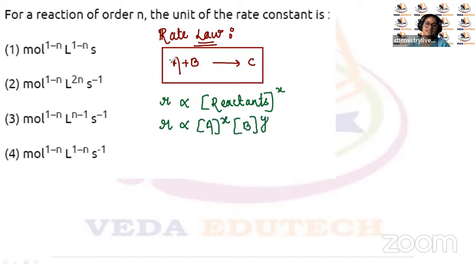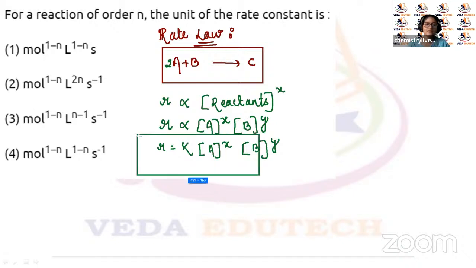Suppose I write 2A plus B gives C. In order to remove this proportionality symbol, we introduce the rate constant, and that's why it is written as k into A to the power x and B to the power y. Now, these x and y are powers.